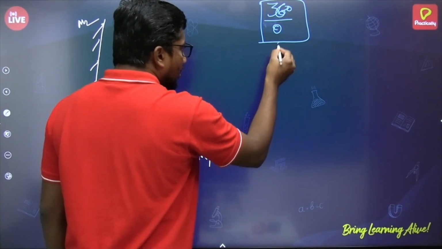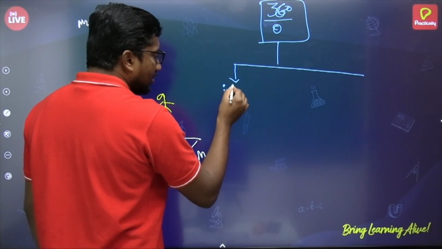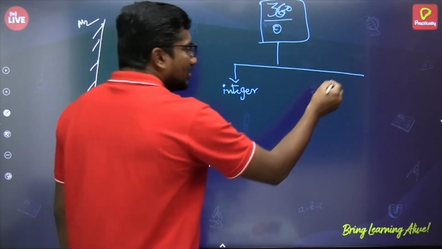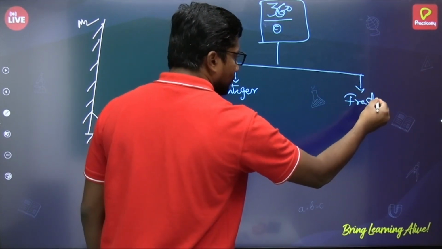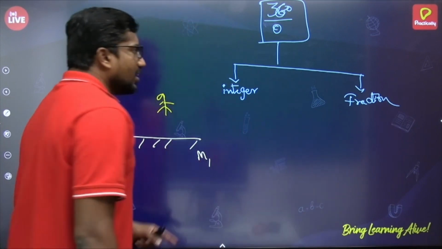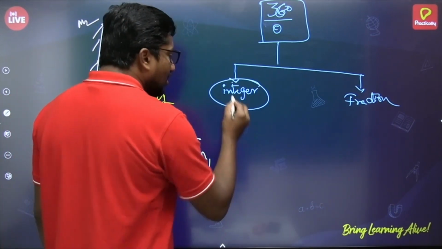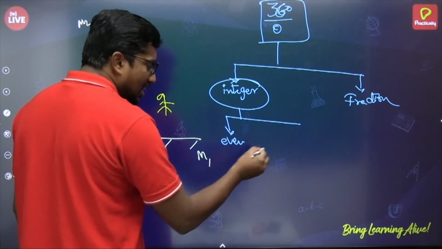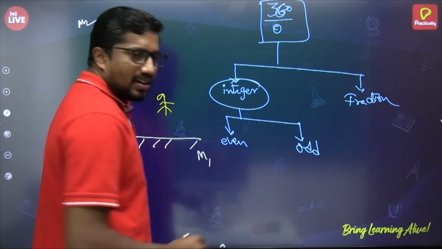Then there are two possibilities. 360 by theta may be an integer, or 360 by theta may be a fraction. If the 360 by theta value is an integer, then again two possibilities: the integer may be an even number, or it may be an odd number.